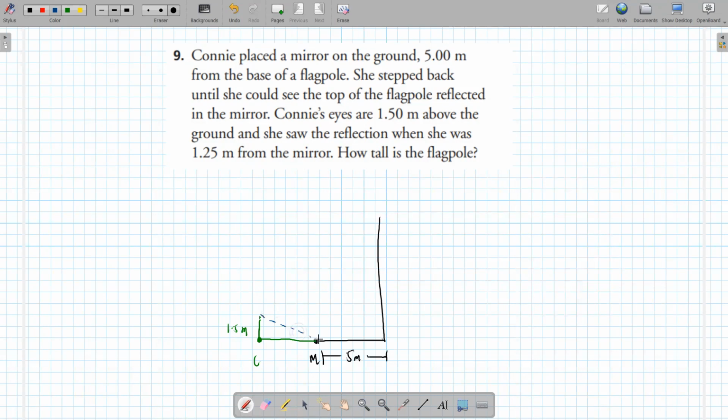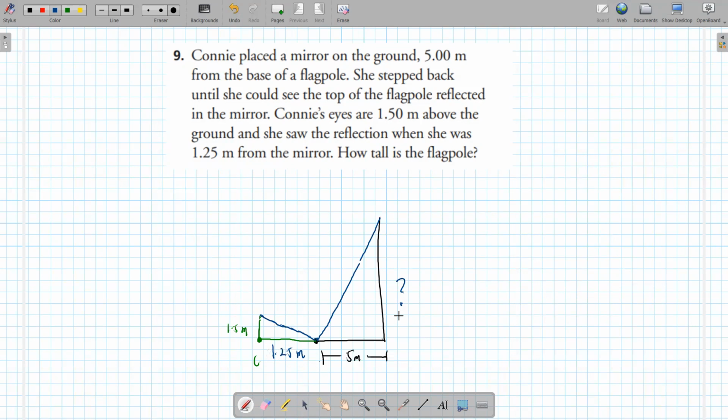When she looks at this mirror, she's seeing the top of the flag on the same mirror like this. What's the last piece of the puzzle? It says it's 1.25 meters from the mirror when she was. So this right here is 1.25. And the question is, how tall is the flag?